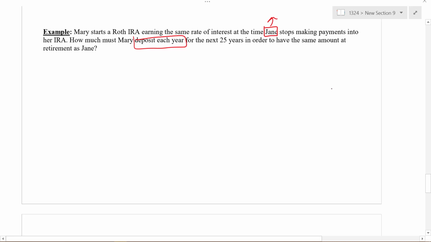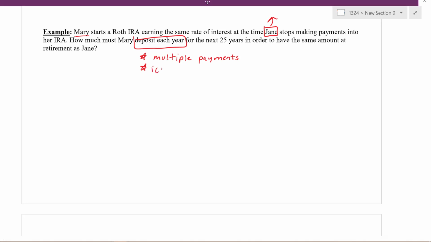Okay, so she's depositing a certain amount each year. So this right here is telling me that Mary is looking to make multiple payments into this account. And it looks like she wants to accumulate, so the amount in the account is going to be increasing.